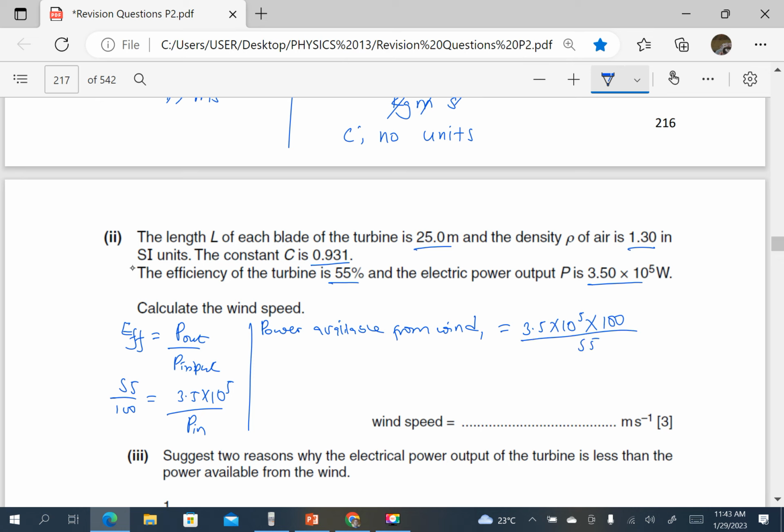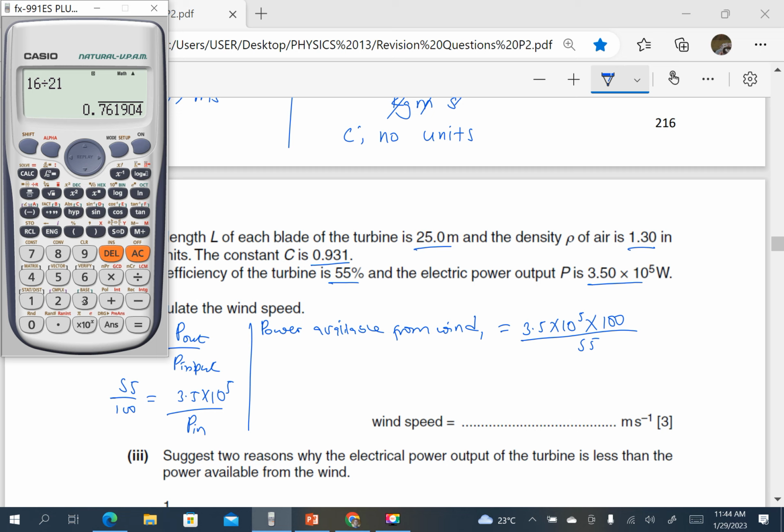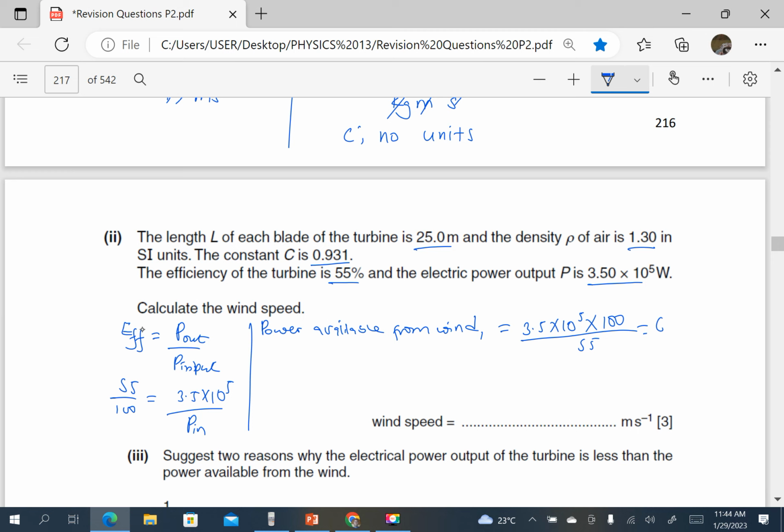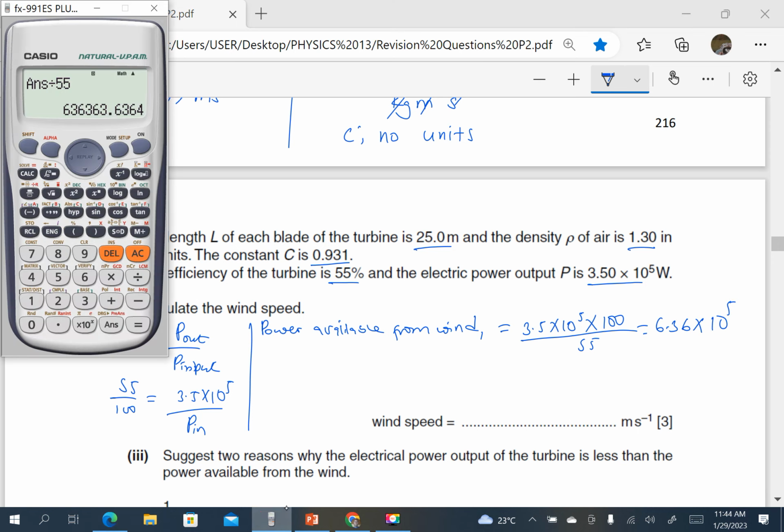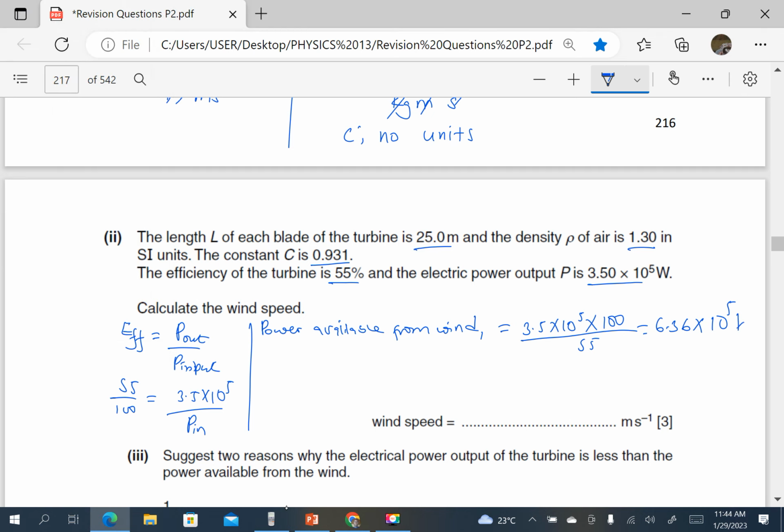I just got the reciprocal. So that is the power available from the wind, but only 55% of it becomes the output. So that is 3.5 times 10 power 5 times 100 divided by 55. So that is 6.36 times 10 power 5. From the calculator, 6.36 times 10 power 5 watts. That is the power available from the wind.